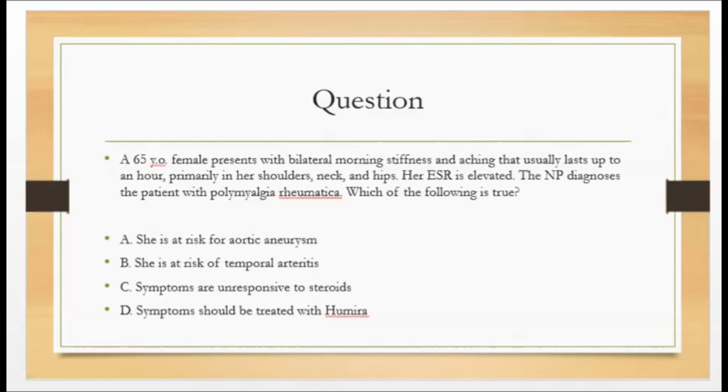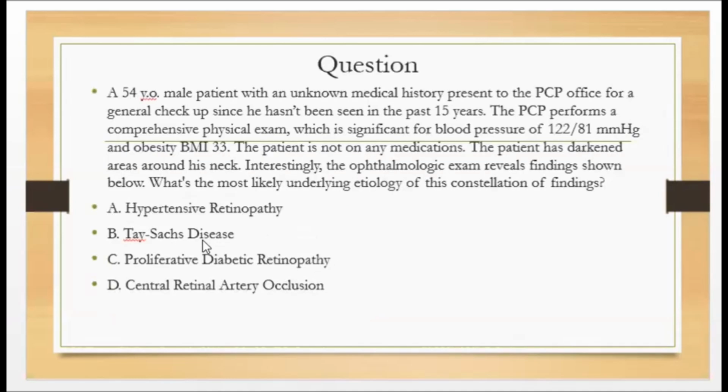So this is another kind of question you have. Okay. A 54-year-old patient with unknown medical history presents to the primary care provider for a general checkup, since they haven't been seen in the past 15 years. Wow. The PCP performs a comprehensive physical exam. So look at what we have.